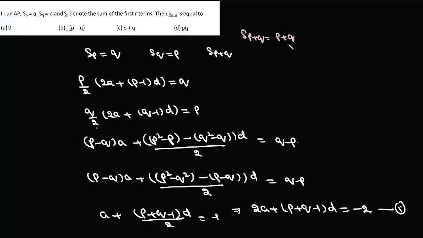Now this is P plus Q by 2 into 2A plus P plus Q minus 1 into D. Now we know that 2A plus P plus Q minus 1 into D is nothing but minus 2. So this sum will be nothing but minus P plus Q, and that's your option B.